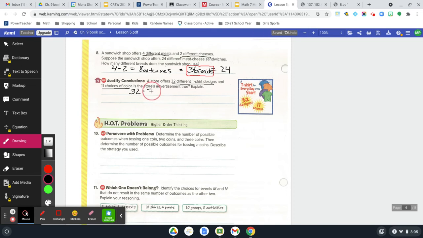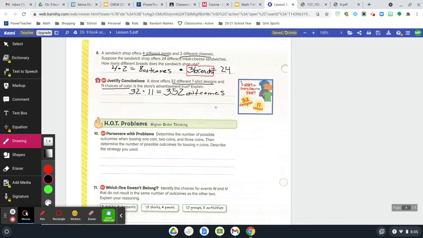Well, 32 times, not 2, hold on. 32 times 11, right? Let's see what that gives us. So if you multiply those 2, and this is where your calculator comes in handy. Hopefully when you calculate that, you see 352 outcomes.